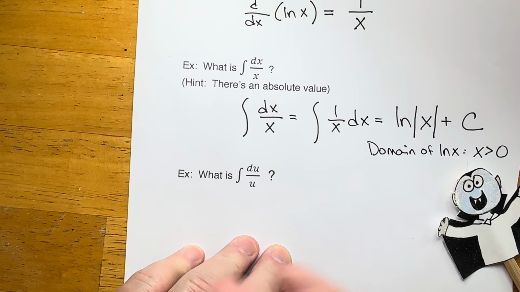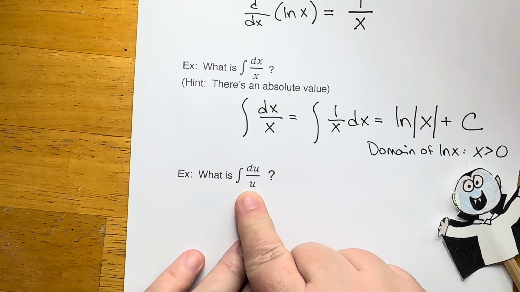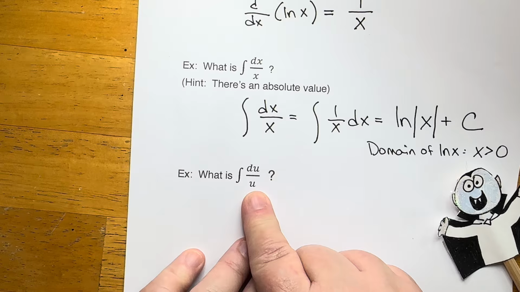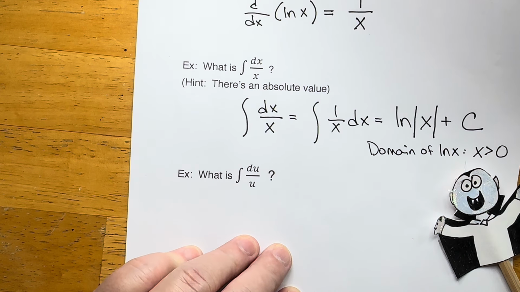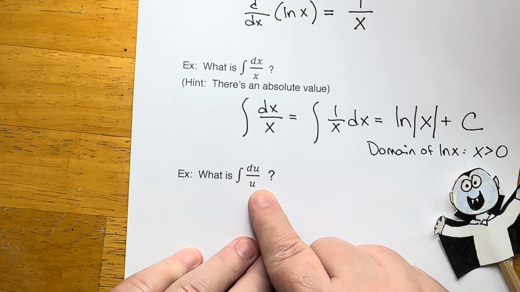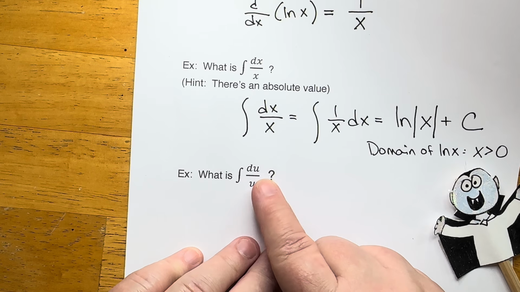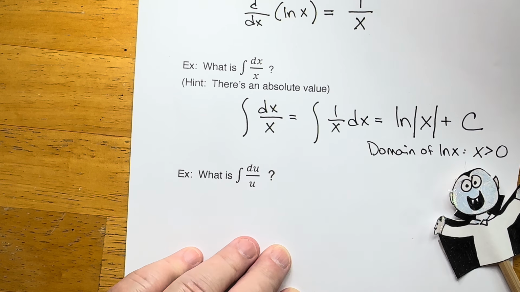Okay, so what do we get when we've got the integral of du over u? Du and u are frequently the variables we see when we're seeing a substitution. So a lot of times if you see u in an integral, it could just be u.